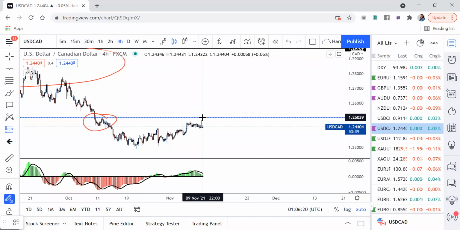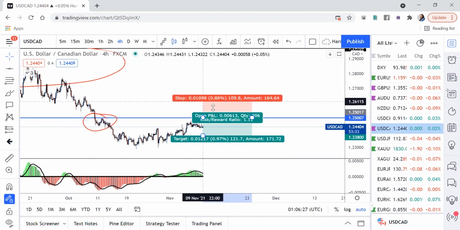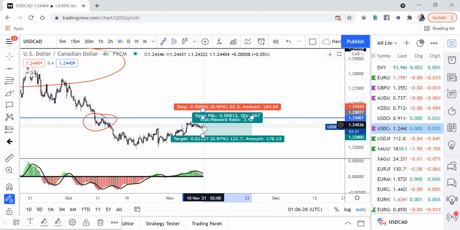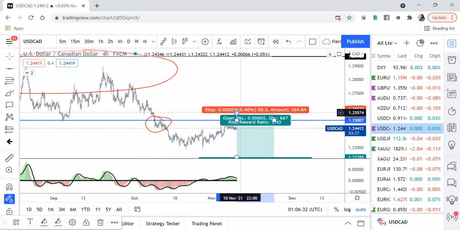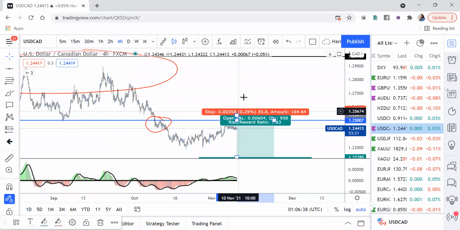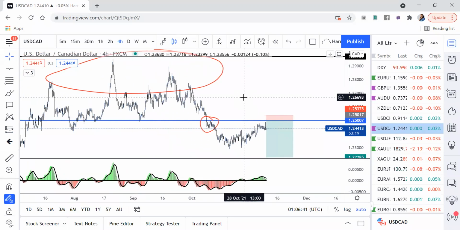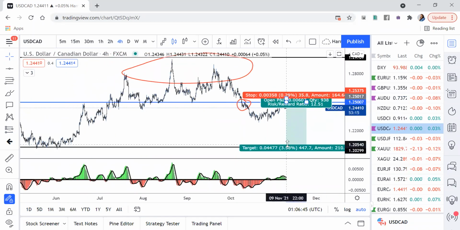So I want to see the market push up to here, right? In this zone. Right? So I want to see the market push to this zone.